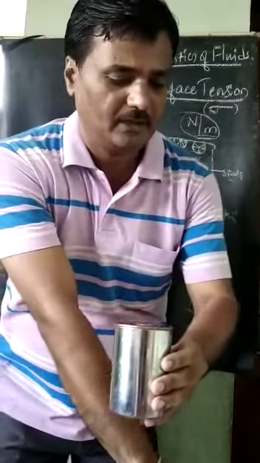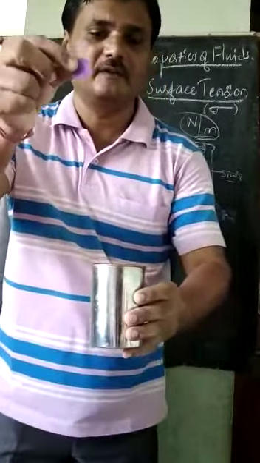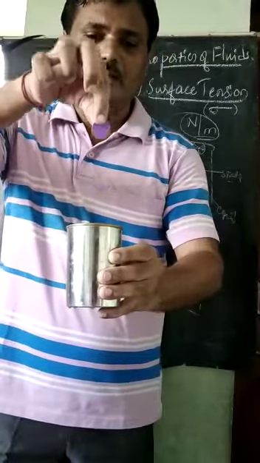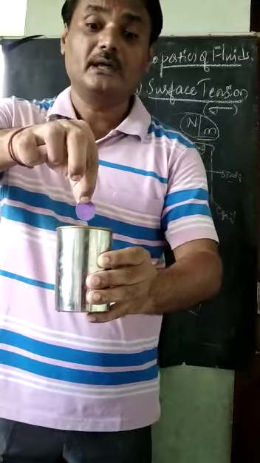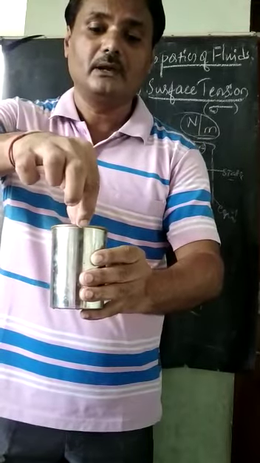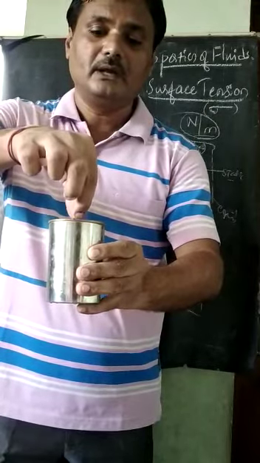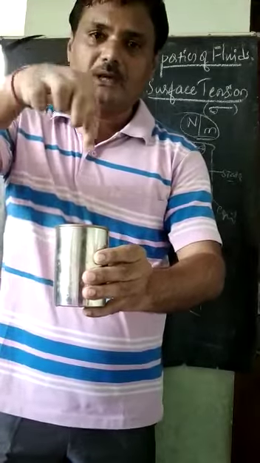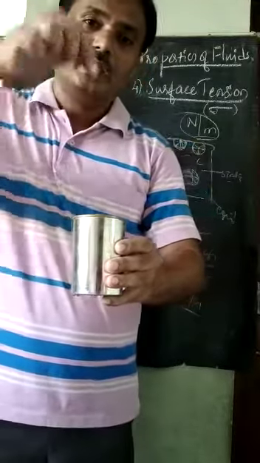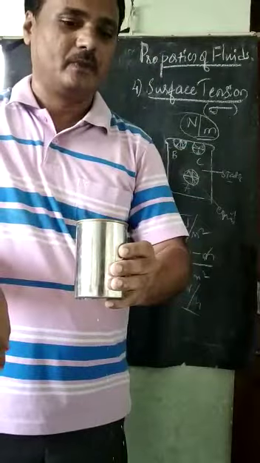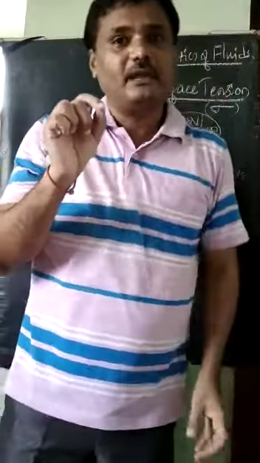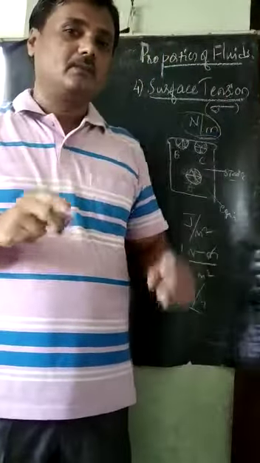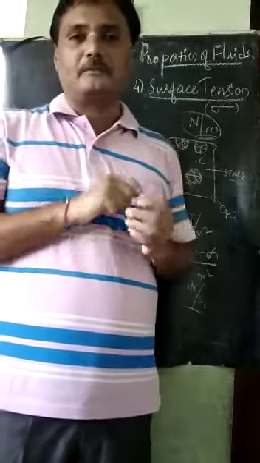If I leave the same kind of surface vertically, what happens? That layer will tear. The layer will tear, and if the mass is more, it will go down. Therefore, in this kind of experiment we can observe there is a layer under tension.